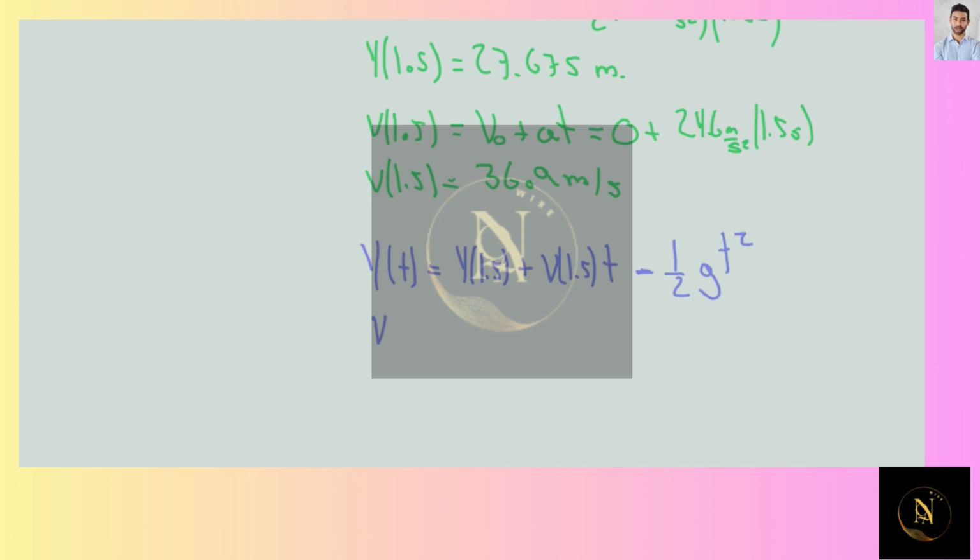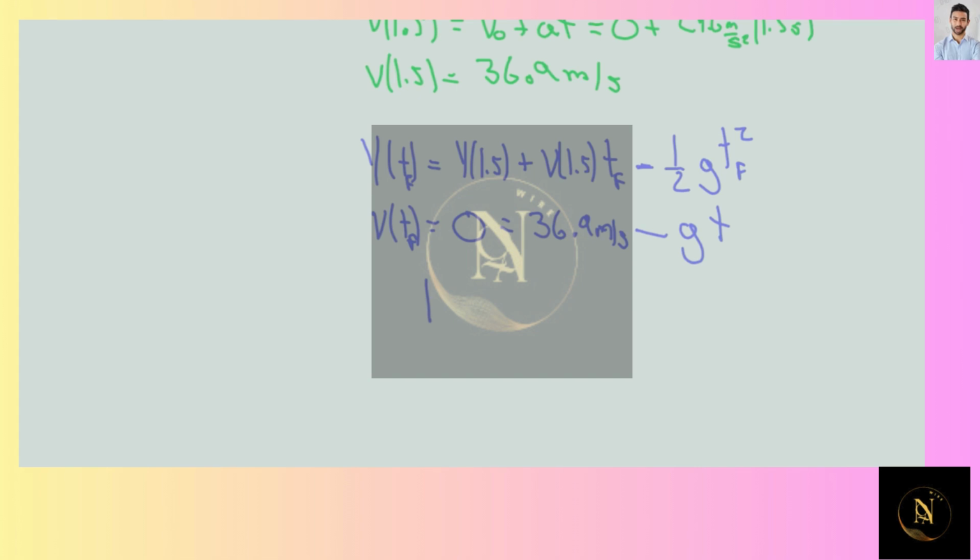And the velocity as a function of time, what we want to know in this case is going to be the final time. Let's label this already on this equation. It is going to be equal to 0 when we reach the maximum height, and this would be equal to 36.9 meters per second minus gravity times t.